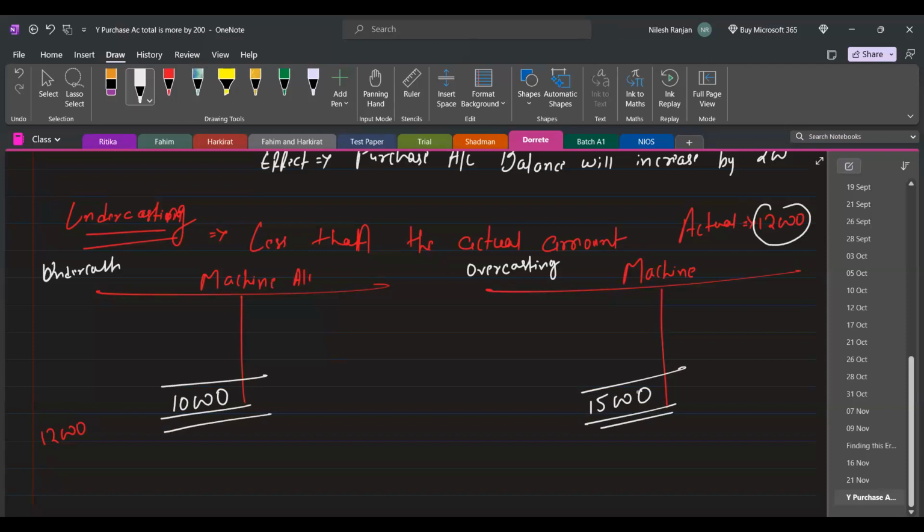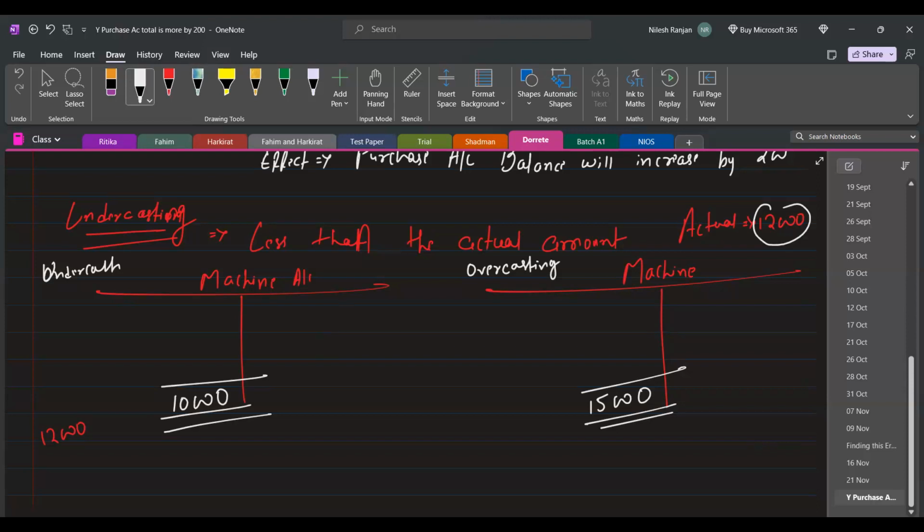So how will you get the 12,000 balance in this case and in this case? In the undercasting case, I will write it on the same side. I will add 2,000 on the debit side. In the first case, you are saying on the debit side you will write 2,000.